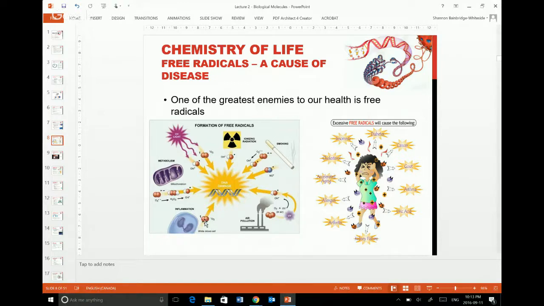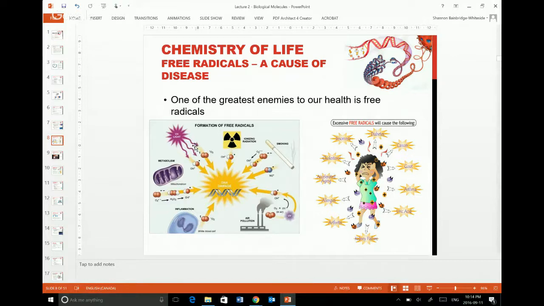Free radicals can happen in our body naturally. Through the process of inflammation, we can get the generation of free radicals. Through the process of respiration in the mitochondria, we generate free radicals. And typically our body is capable of handling normal levels of free radical formation with the antioxidant systems that we have. We run into problems when environmental exposures increase the amount of free radicals.